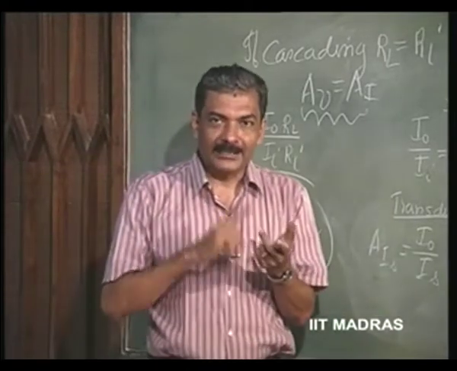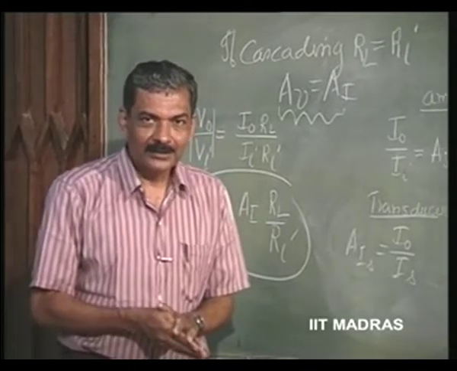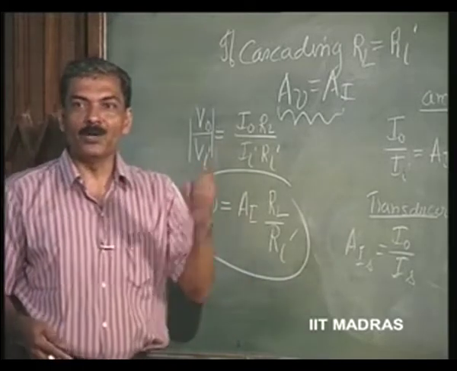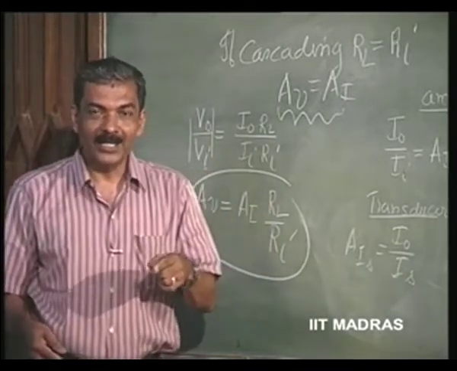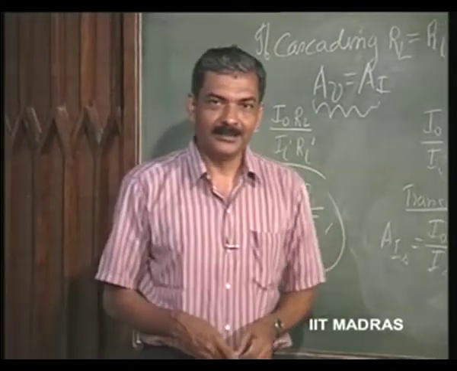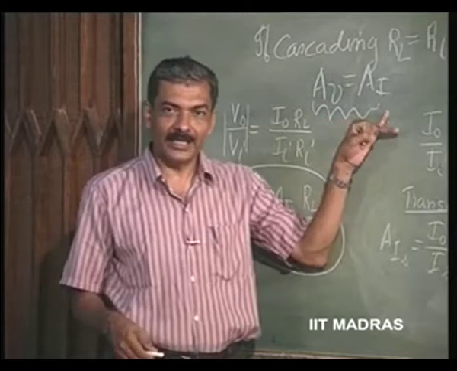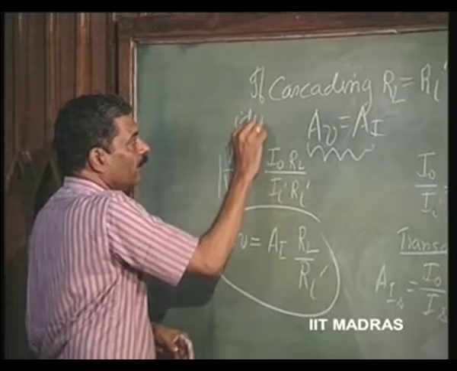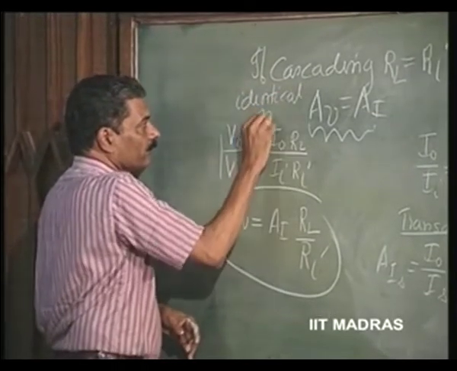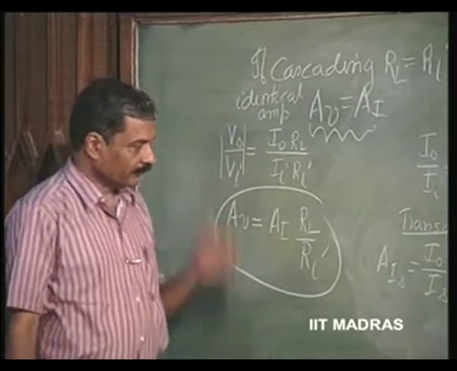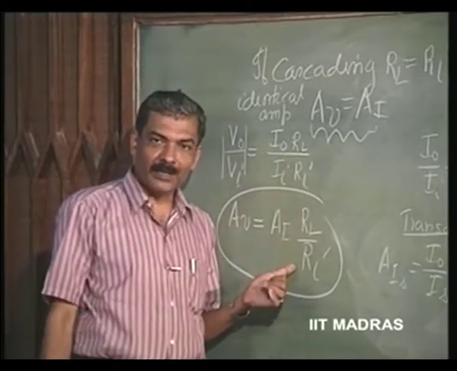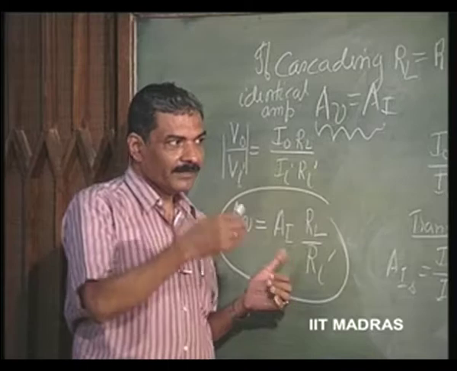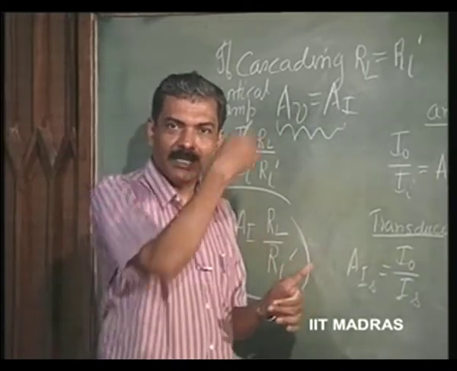If they are identical amplifiers, it should be capable of giving both voltage gain and current gain in order to give any one gain, because current gain is the same as voltage gain if identical amplifiers are cascaded. Because the input resistance of one amplifier becomes the load of the other amplifier. So, if they are identical, its own input impedance is the same as the load.